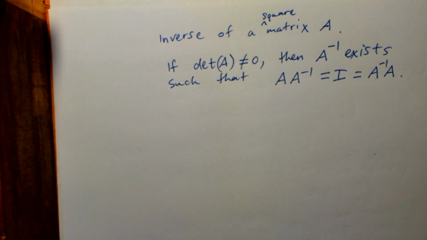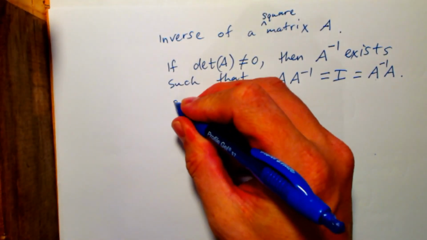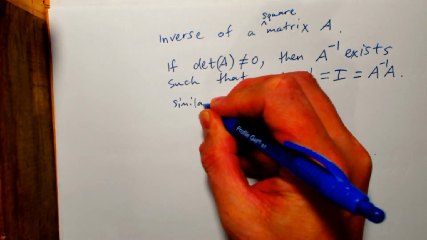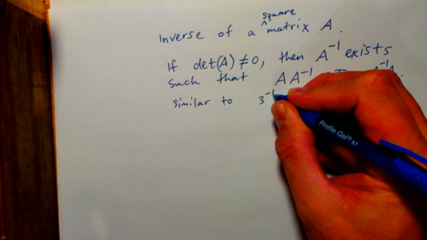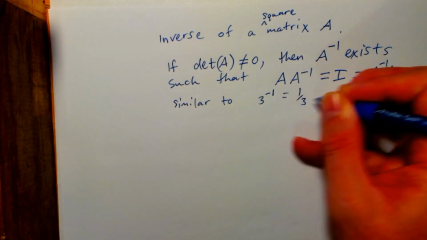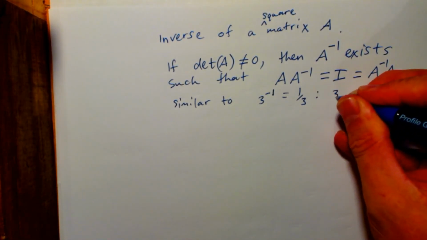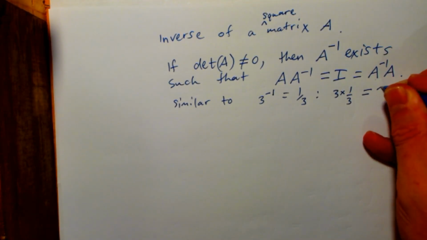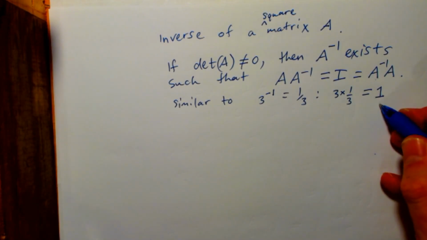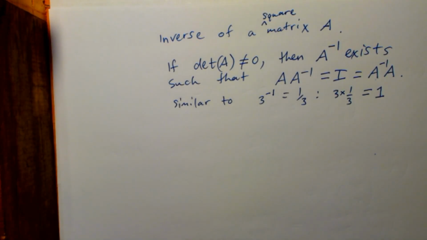So this is analogous to, or similar to, 3 to the minus 1 being 1/3, such that 3 times 1/3 is equal to 1. Right? Remember, this is neutral in multiplication.